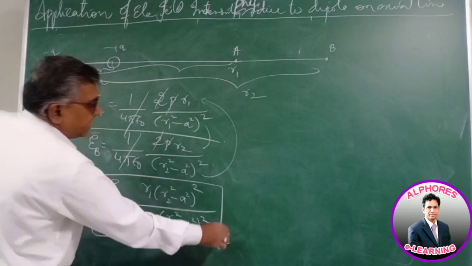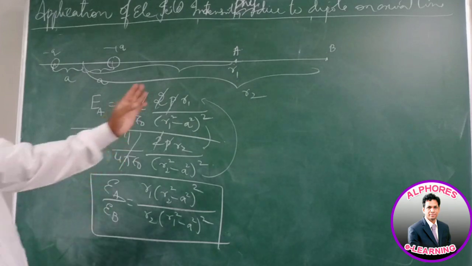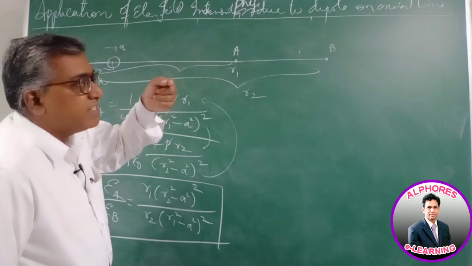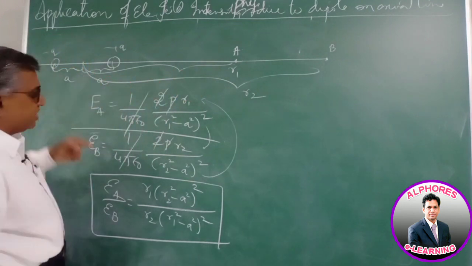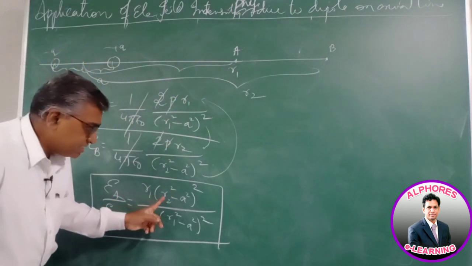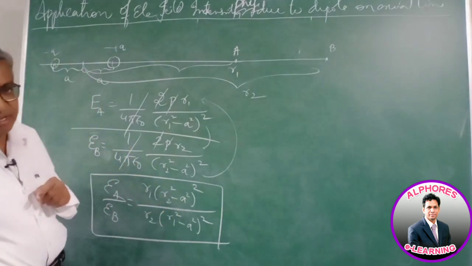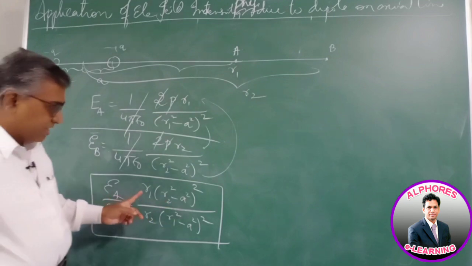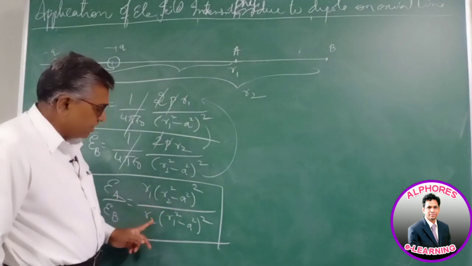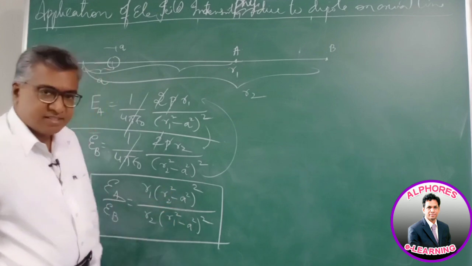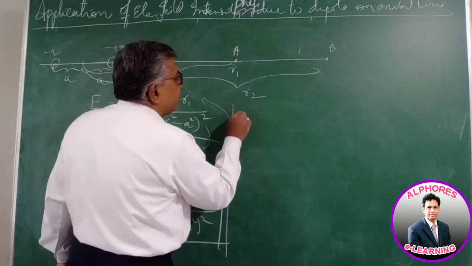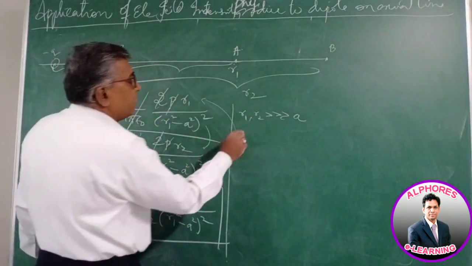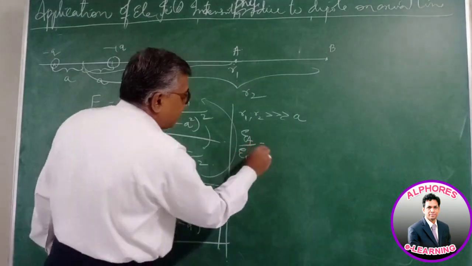So this compares the electric field at two different points at distances r1 and r2 for a dipole of considerable length. Earlier we were taking it as a short dipole. Now it is not a short dipole, where the distance of the point is comparable to the length of the dipole. Then EA by EB is r1 by r2 into (r2 square minus a square) whole square by (r1 square minus a square) whole square. Now suppose r1 and r2 are very much greater than a.